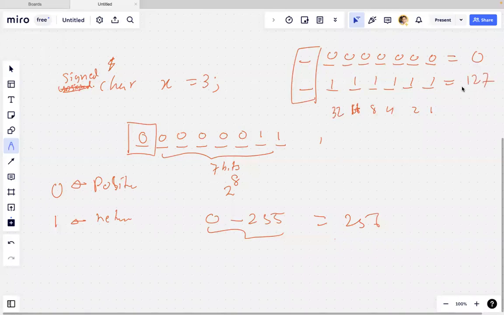So now you have plus 1 to 7 values and minus 1 to 7. So if it is a 0, it is positive. If it is 1, it is negative. So you can go up to the 1 to 7 from plus sign and the minus sign also.